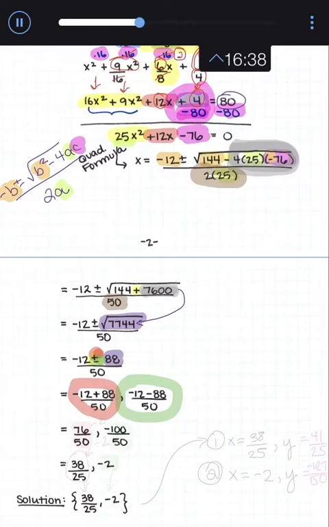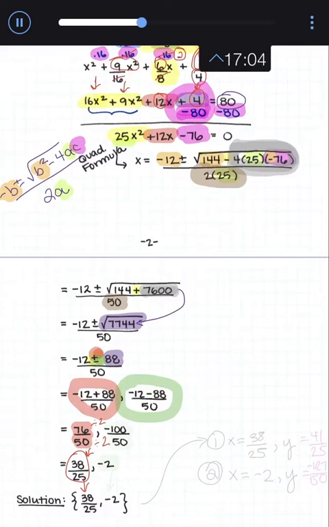Well, on the first one, negative 12 plus 88 is positive 76 over 50, which, be careful, can be reduced. Those are both divisible by 2. So if you reduce those by dividing both by 2, you actually get 38 over 25. So that will be one of our two final answers.